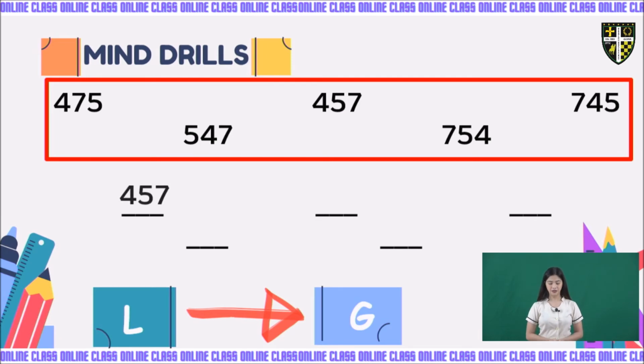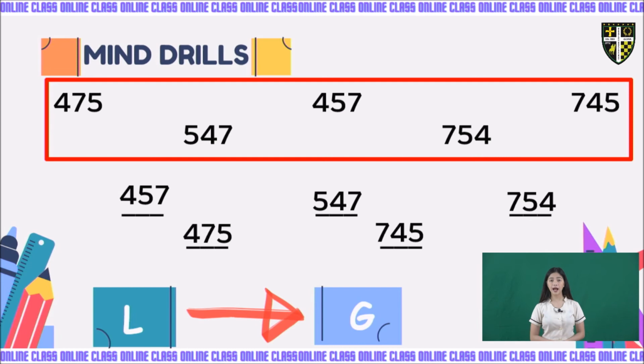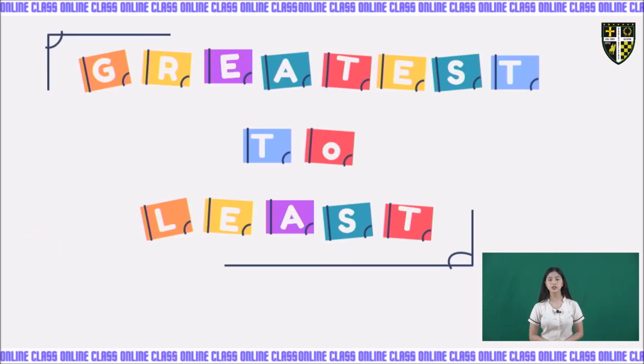Very good. 457 is the smallest number here, followed by 475, 547, 745, and the biggest number in this group, which is 754.